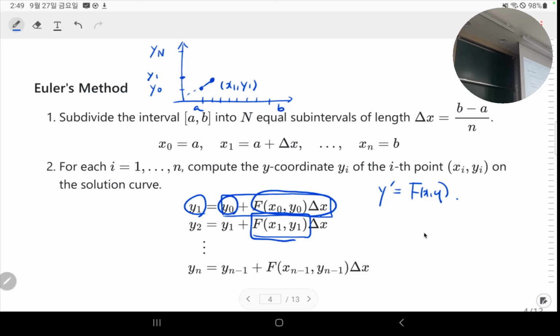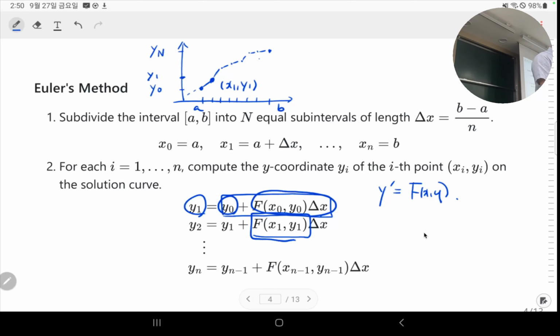If I do this n times, I end up with some value at the last step as yn. In the meanwhile, I always get this discrete array of values, the x and y coordinates of points lying on the graph of the solution curve. So this is how you can think about getting the solution.